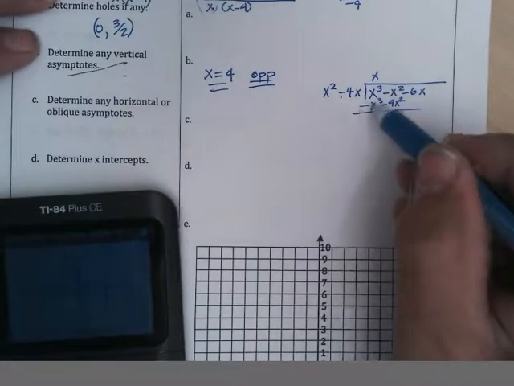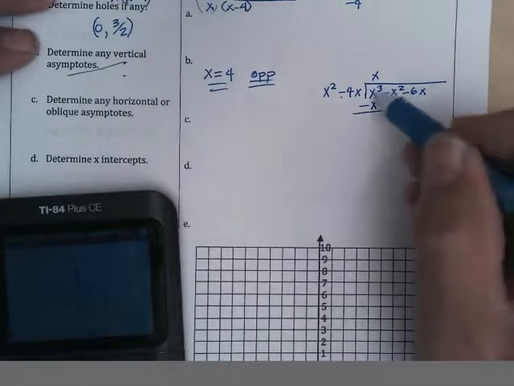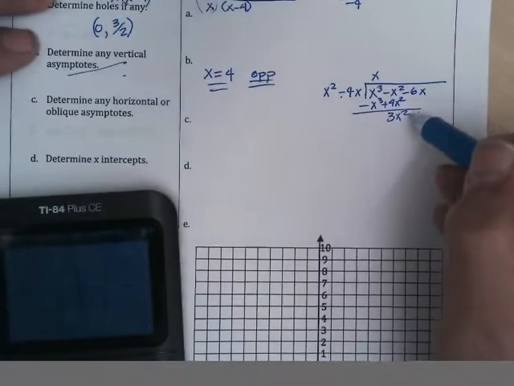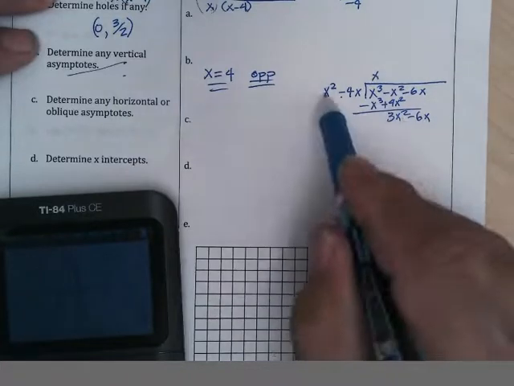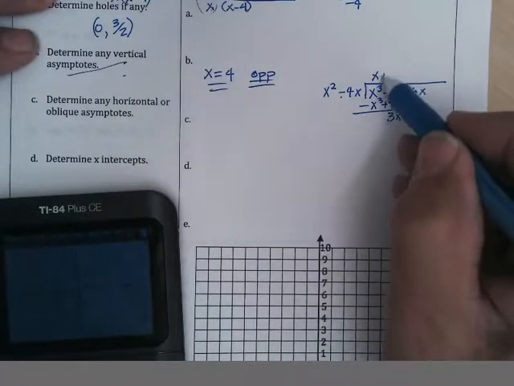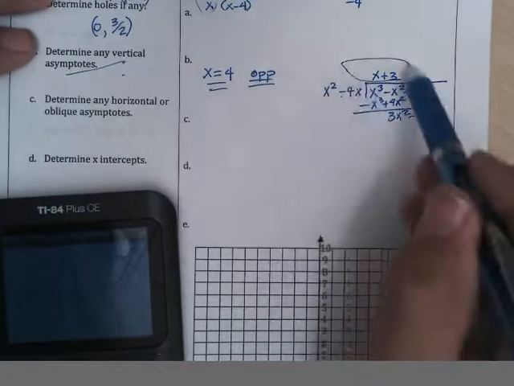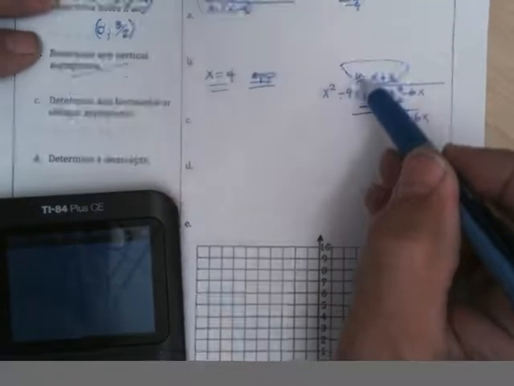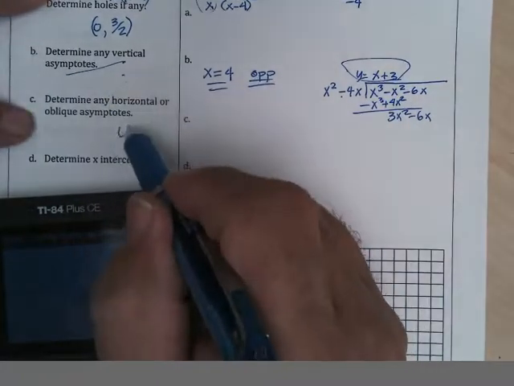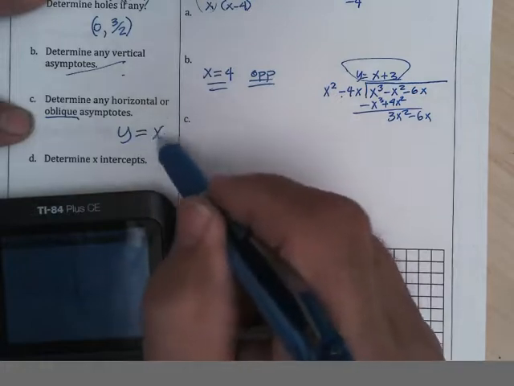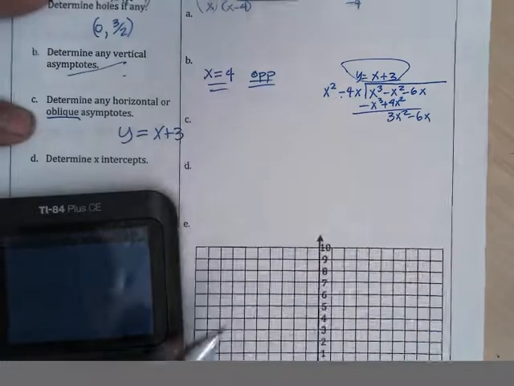Draw the line, change the signs, add, and get nothing. Here we get 3x squared minus 6x. x squared goes in there plus 3. And I don't even need to worry anymore. I've got my equation. It's an oblique asymptote, and y equals x plus 3.